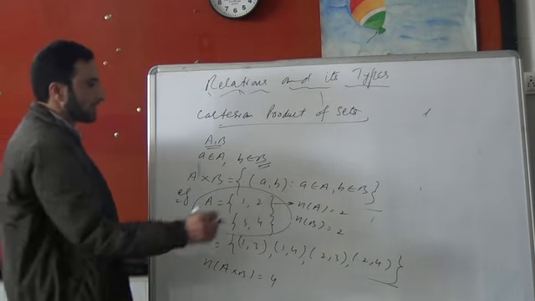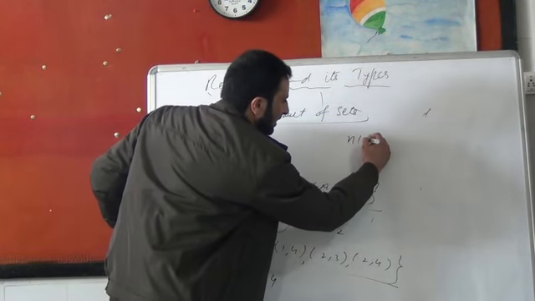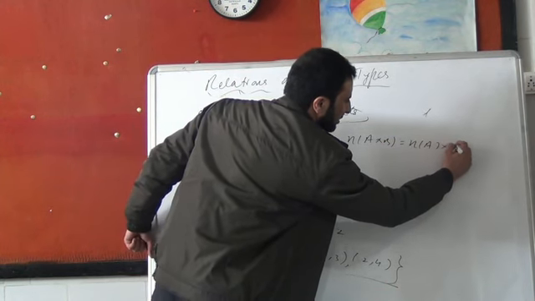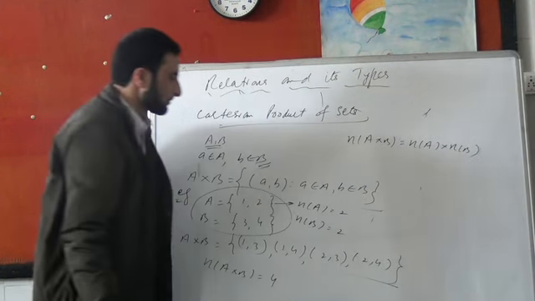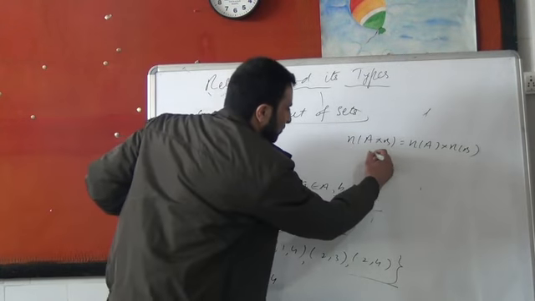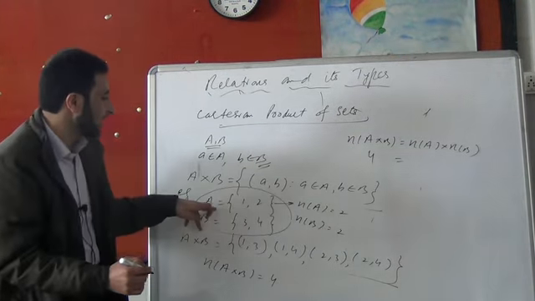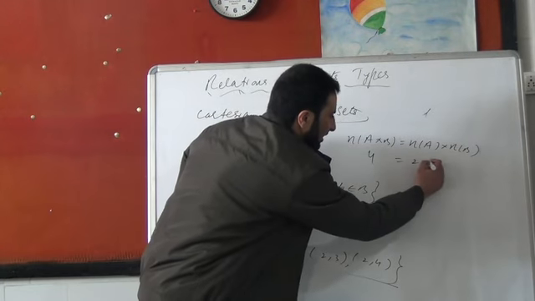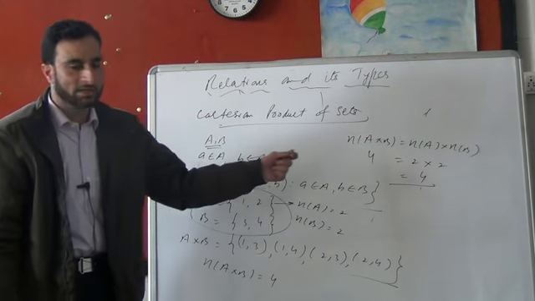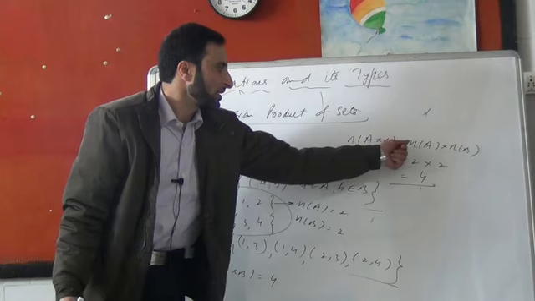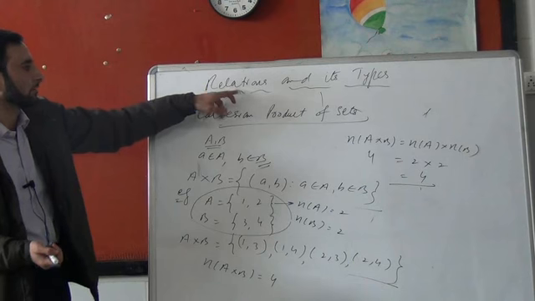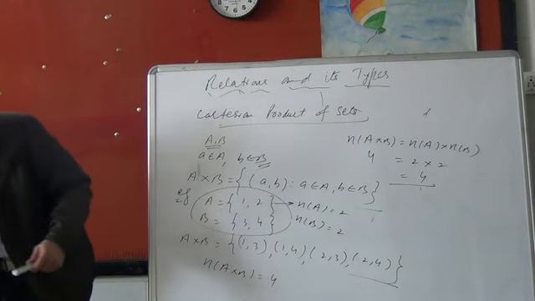So I can write a result here: n(A cross B) = n(A) times n(B). So n(A cross B) has 4 elements, so 4 = 2 times 2, which is equal to 4. So it's a very important result: n(A cross B) is n(A) into n(B). Now after that let me start a very important topic, that is relations.